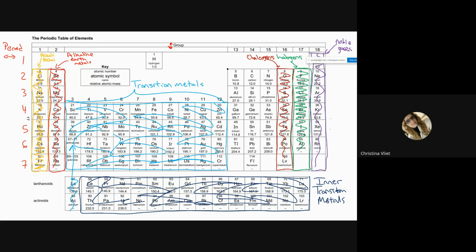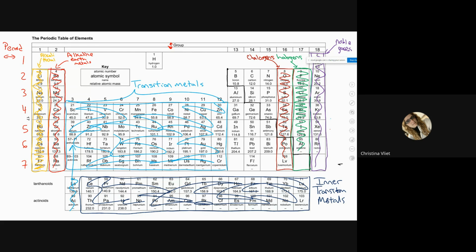What do I mean by that? You're going to go down one line, and then you're going to go to the right one line, and then you're going to go down one line, and then you're going to go to the right one line. And you're going to do that over and over again until you reach the end. So like this. Down, to the right, down, to the right, down.